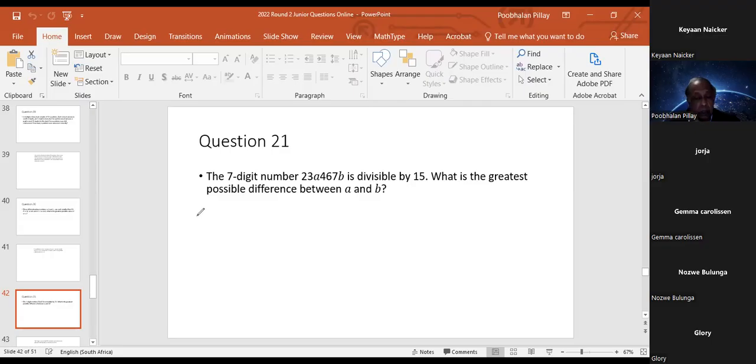So this number, 23A467B, is divisible by 5 and also by 3. It's divisible by 15, you see.